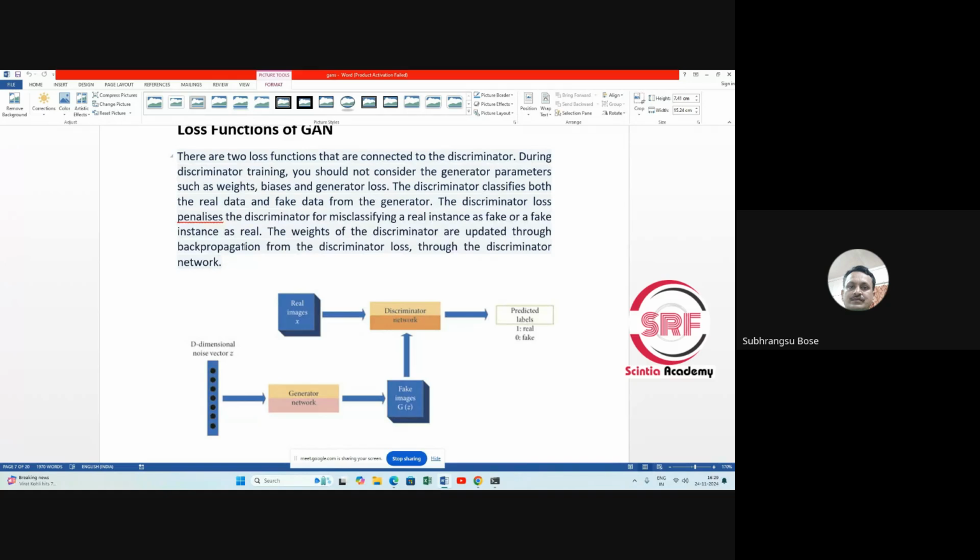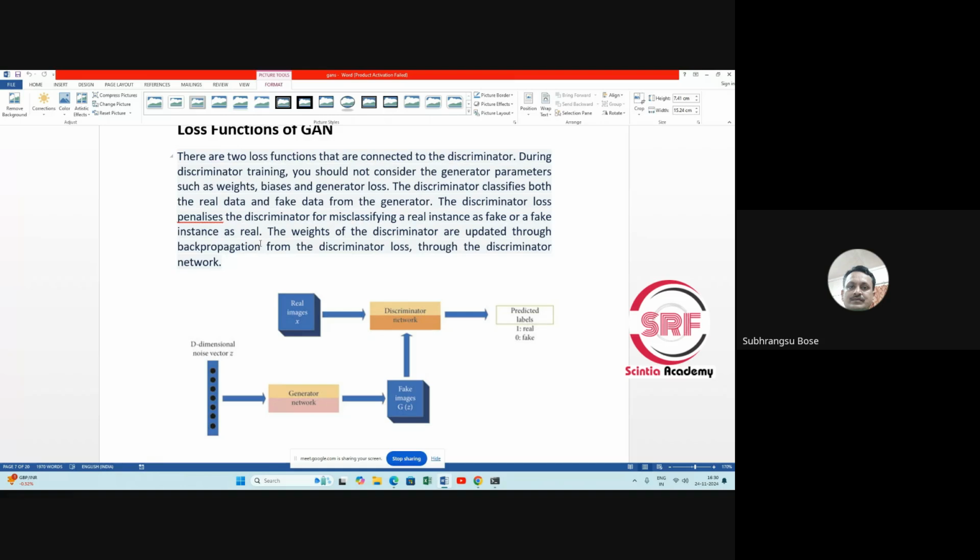Why? If we maximize the discriminator loss, we can easily fool the discriminator by misclassifying a real instance as fake or a fake instance as real. In the case of the discriminator, the discriminator loss should be maximized with time.